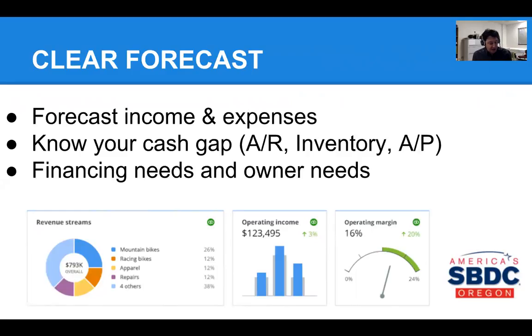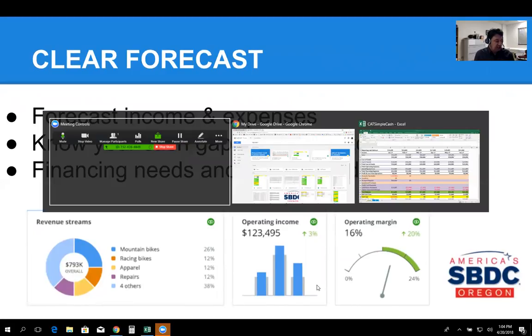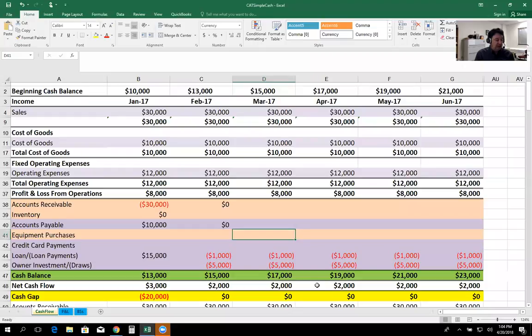So at this time, I'm going to open up a little spreadsheet that I have to give an example of this. So this is for Rick's Bagel Store. For those of you who didn't know, I used to own bagel stores, and I created this business plan forecast where I'm going to do $30,000 of sales each month.